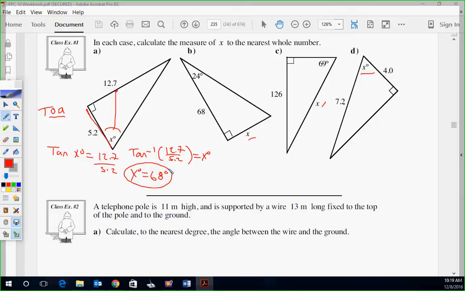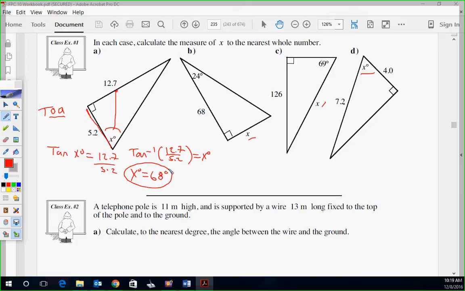All right. So again, I'm going to keep pushing this because I do think it's important. It could save some of you on your test. 68 degrees. We don't know what this side is, but it's the longest, and this is the middle.